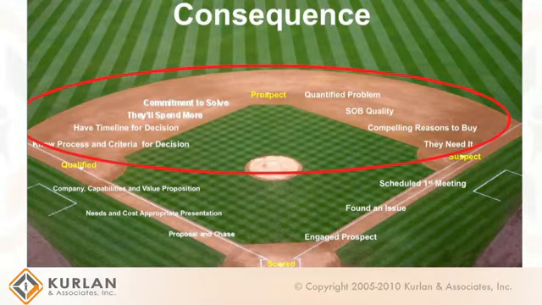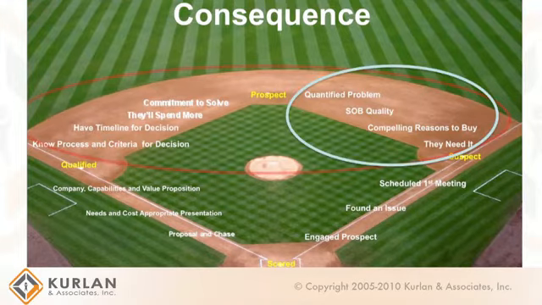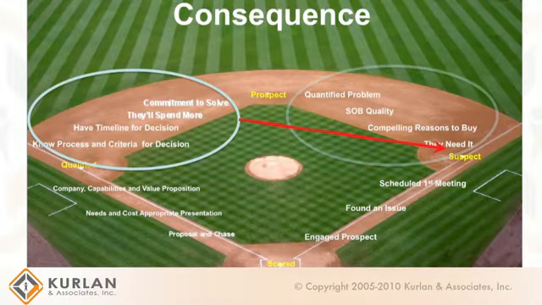And in that real estate is all that important stuff between first and second, including the compelling reasons to buy and SOB quality and the cost of the problem. And those three things, if your salespeople can do it effectively, those are the leverage points of the sales process. Those create urgency.